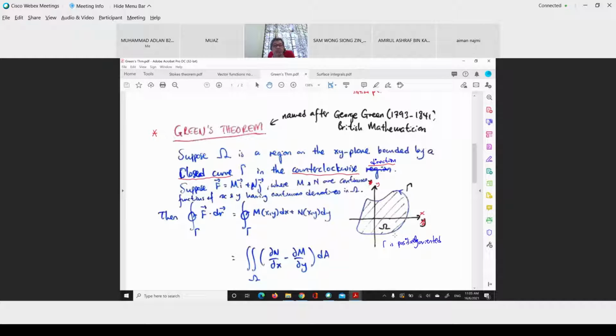Now we want to look at the extension of Green's theorem to three-dimensional space, where instead of a two-dimensional plane region, we now have a surface, and how it relates to the boundary of the surface. That is the essence of Stokes' theorem.